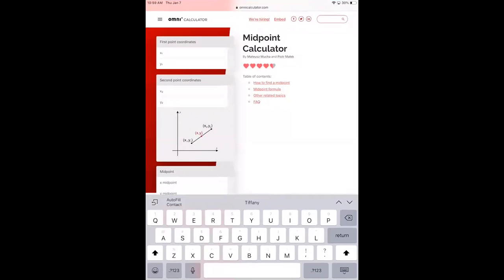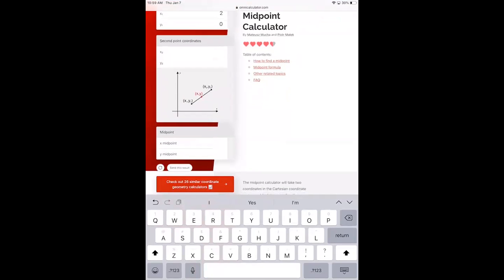So my first point is 2, 0, and my midpoint was 5, 2. So I'm not going to put that here. That says second point. We don't know the second point. We're looking for it. They gave us the midpoint. So I'm going to put that there, 5, 2.